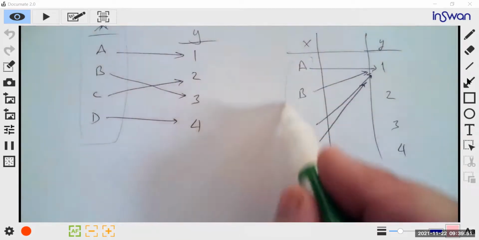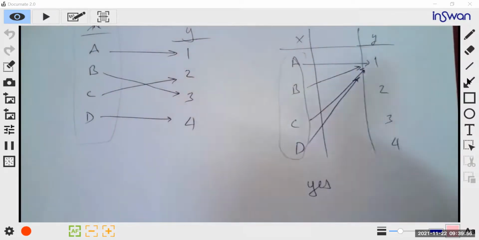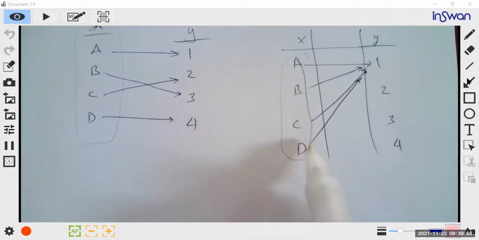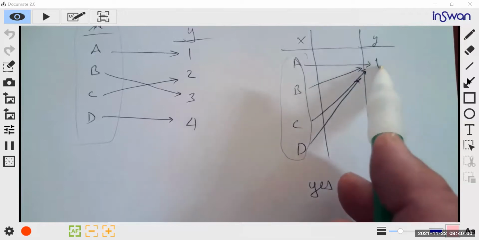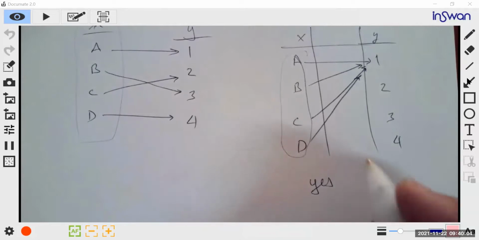Yes, because all the x's are different. It doesn't matter if it's only one y. If you think of a classroom, each of the students are individuals, and they all have the same teacher. So this is one-to-one.